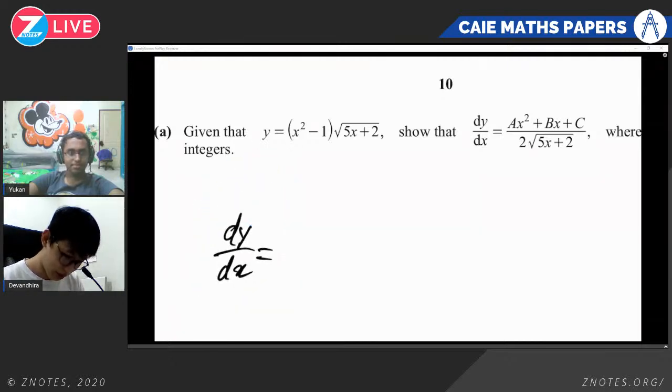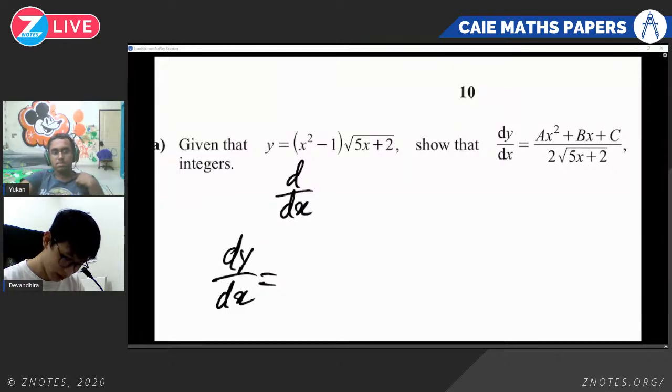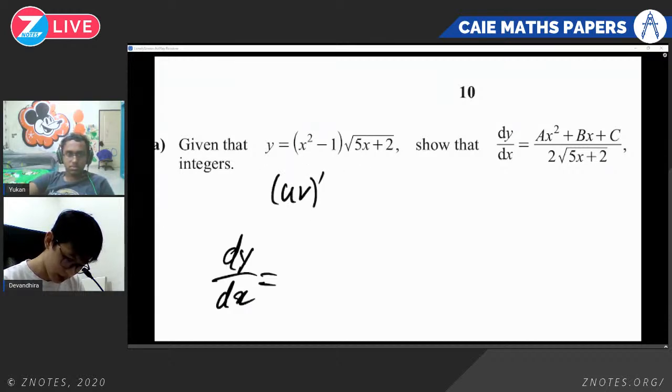Okay. For those of you who forgot about the product rule, maybe you just need something to recall. d/dx of uv, I'll not write it like this, this is quite confusing, I'll write it like this, (uv)'.